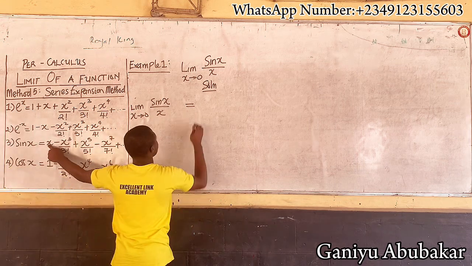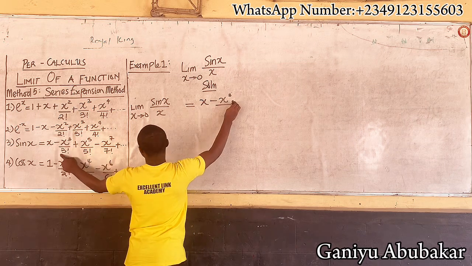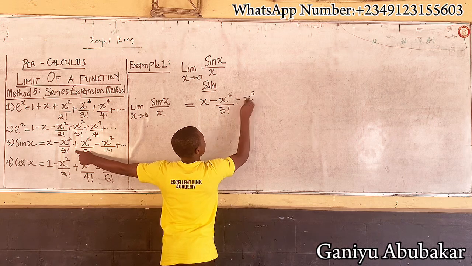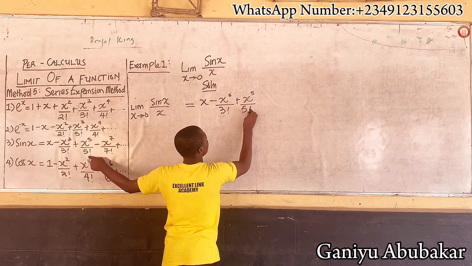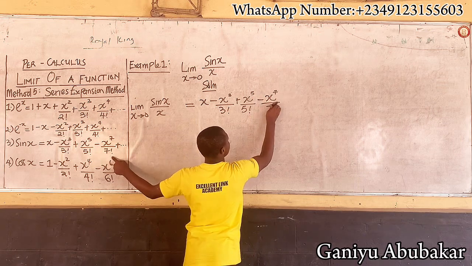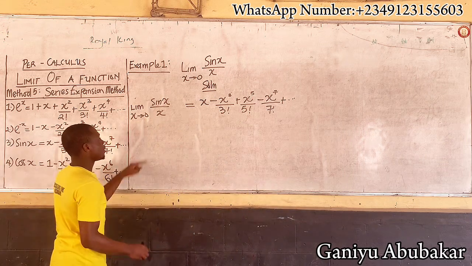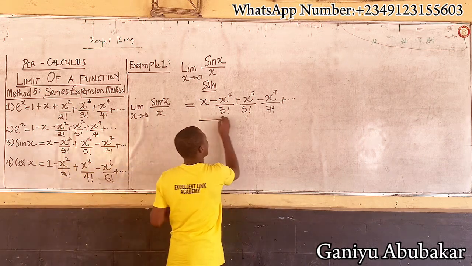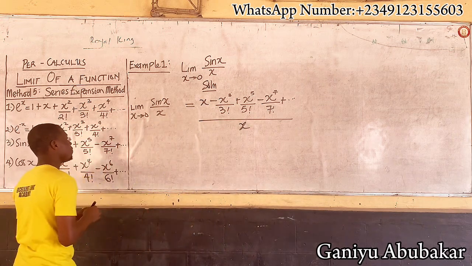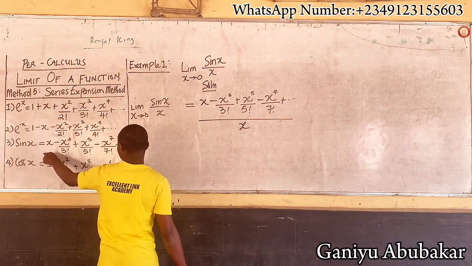Sine x is x minus x cubed over 3 factorial plus x to the power 5 over 5 factorial minus x to the power 7 over 7 factorial plus it continues this way. Mind you, I have over x here, all over x. That's the first task: put that expression here. Sine x is of course everything here, repeat it here.